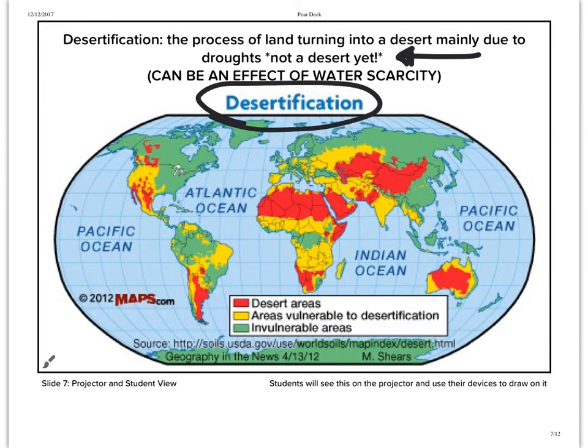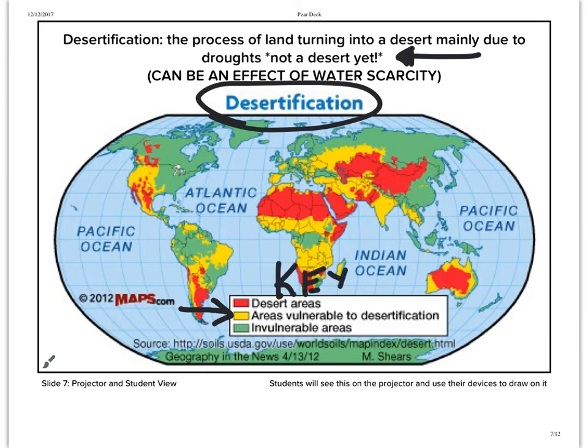An area that's going through desertification is not a desert yet. Therefore, the Sahara Desert is not an area that is going through desertification because it's already a desert. Areas that are going through desertification are going to be this yellow color on our key.